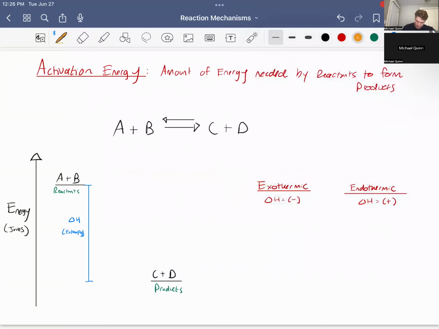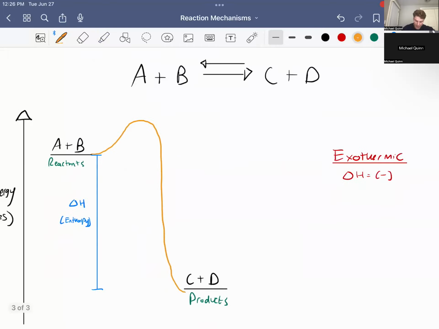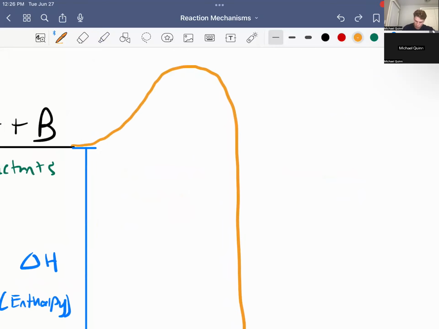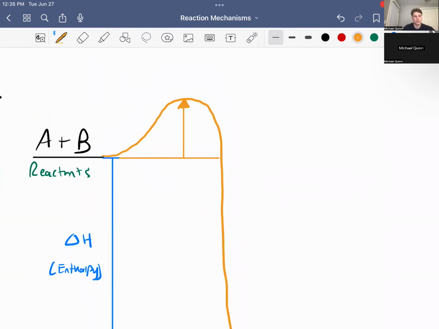So if we were to see something like this on our energy diagram, how can we calculate the activation energy? Well, we know that A plus B needs to release this much energy in order to proceed. But what we see now is that we need to not only release that much energy, but before we can run this reaction, we need to give A and B some energy to start off in order to overcome our activation energy barrier.